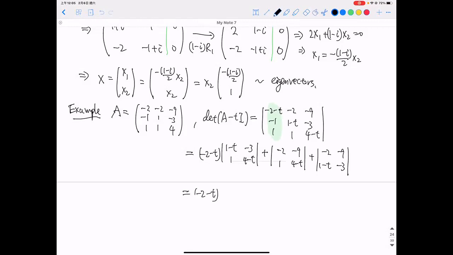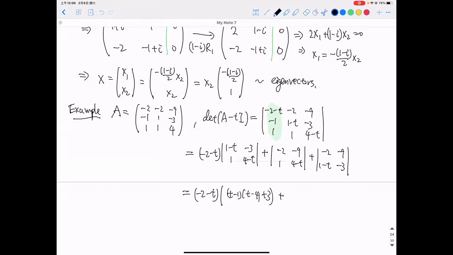Minus 2 minus t, 1 minus t. Well, let's not kid ourselves. Let's go a little bit faster. t minus 1, t minus 4, minus negative 3, so plus 3.